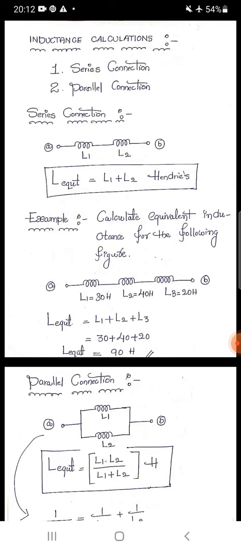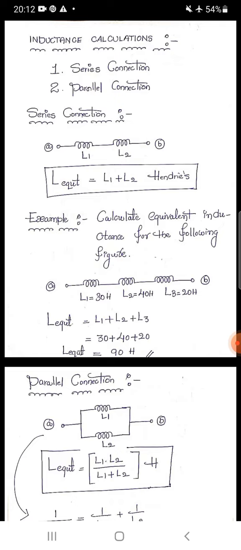Calculation of inductance means: when two inductors are connected in series or in parallel, how do we find the equivalent inductance of the series connection and of the parallel connection? For that, we use the concept of inductance calculations.